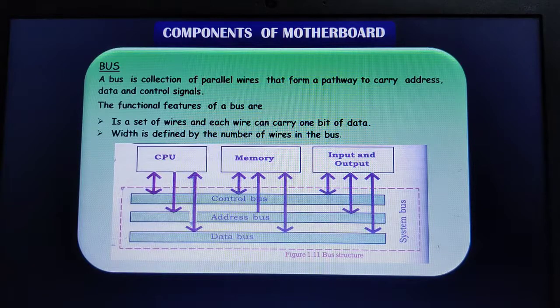Again, the CPU will send the data back to the memory. The memory has to communicate with the output devices. So almost all the components of your computer system communicate with each other. At that time the bus acts as an interface or mediator between the CPU and the various devices, be they external devices or internal chipsets.